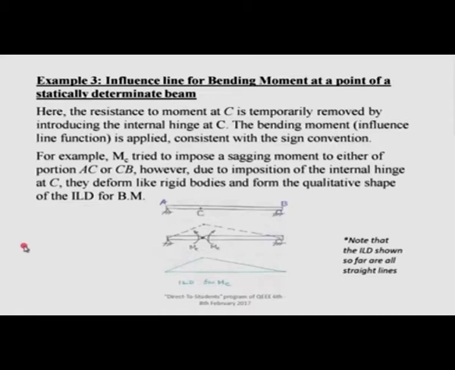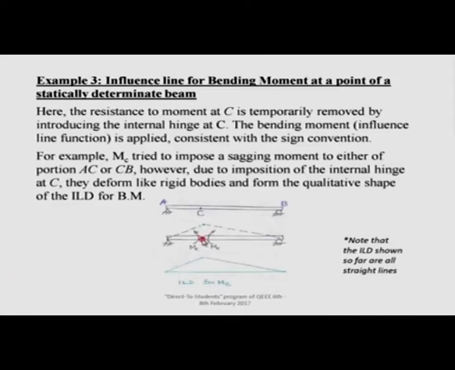So even if the ship rolls or has a pitching motion and goes up and down, due to the internal hinge the system does not develop any stresses. So it is a very nice way to release one of the stress resultants. Only due to resistance will stress resultants develop, so if that is destroyed, the other stress resultants are well kept. So we have developed an internal hinge in the beam.